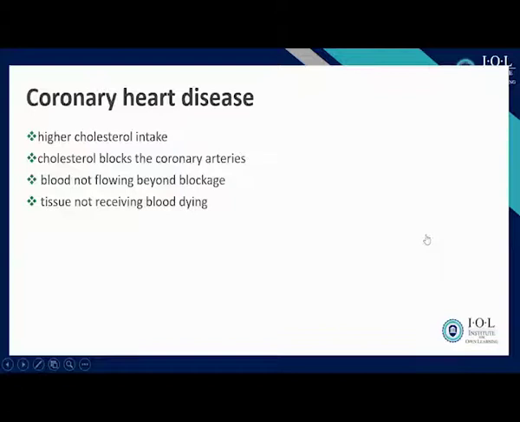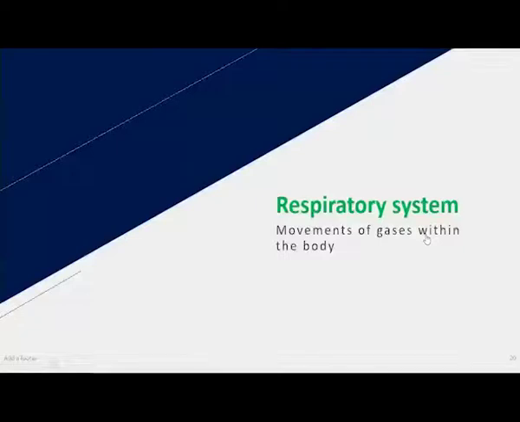Also, when one doesn't do a lot of exercise, or because of genes, this type of disease may be affected. But when we link it to nutrition and diet, we are specifically looking at the high intake of cholesterol.